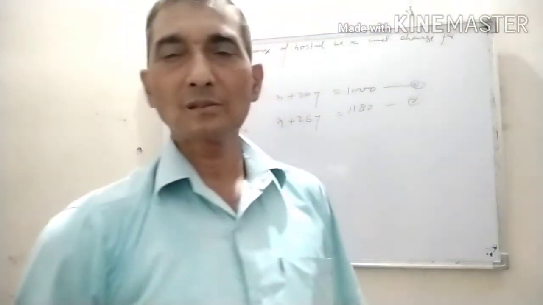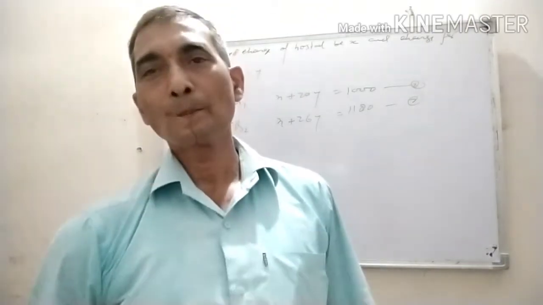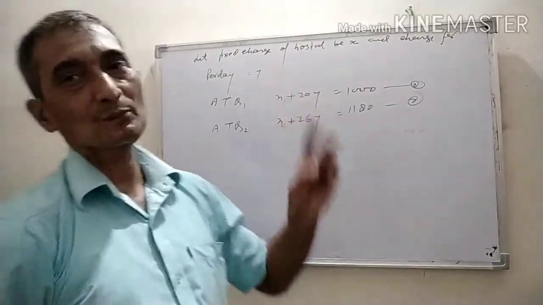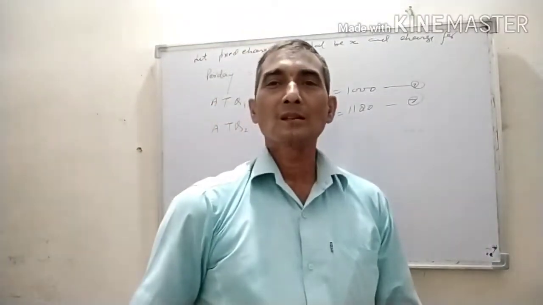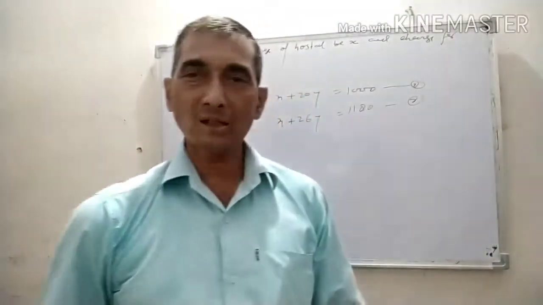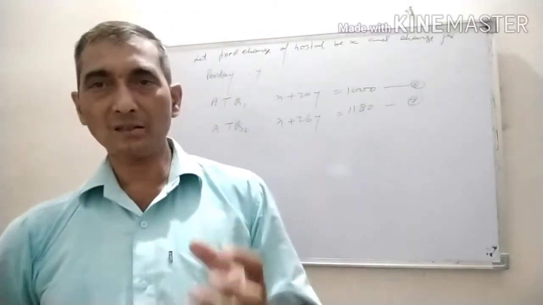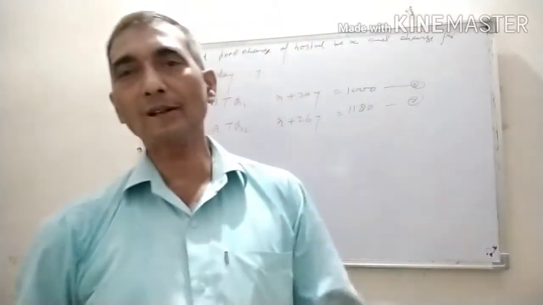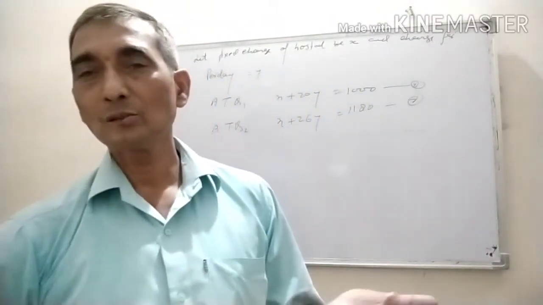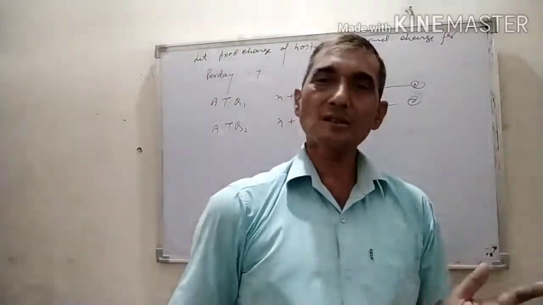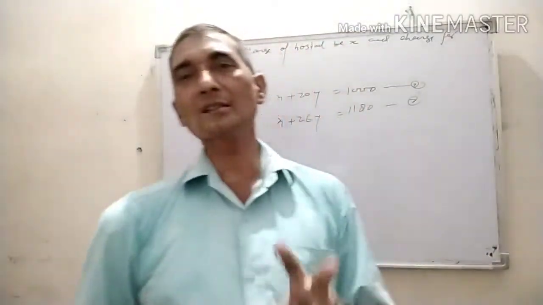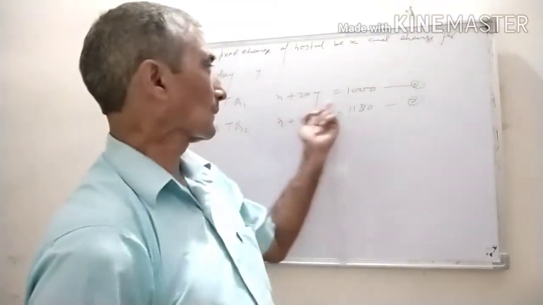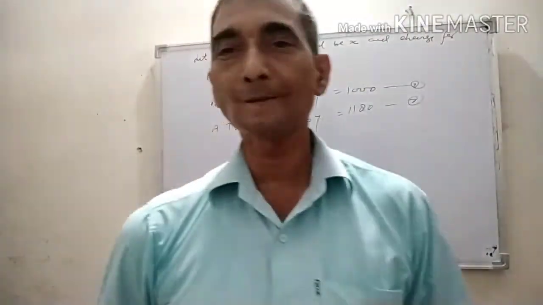According to the first condition of the question, the student takes food for 20 days. If the cost of food per day is y, then for 20 days it is 20y, and x is the fixed charge, therefore the total charge is x plus 20y and he pays 1000, therefore x plus 20y equal to 1000.